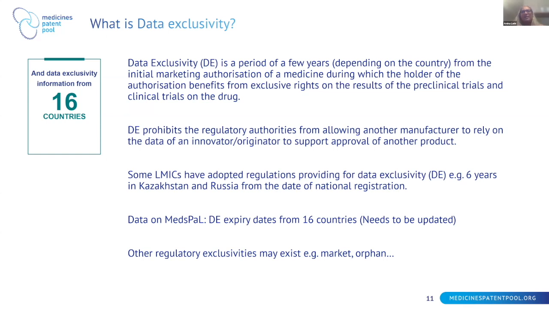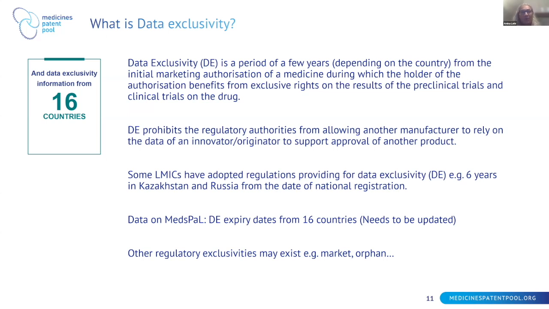So the information that is submitted to the regulatory authorities to obtain the marketing authorization. Now, data exclusivity prohibits the regulatory authorities from allowing another manufacturer, another company, to rely on the data by the innovator to support approval of another product.